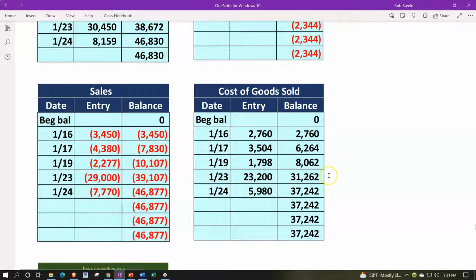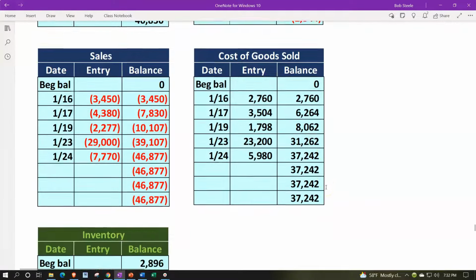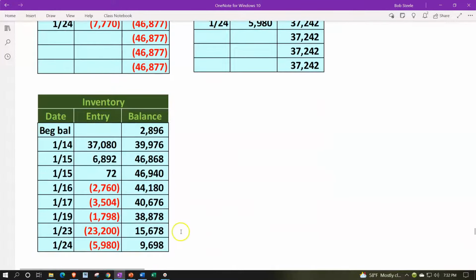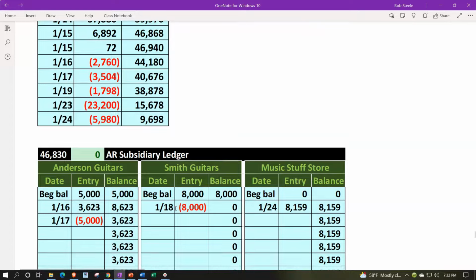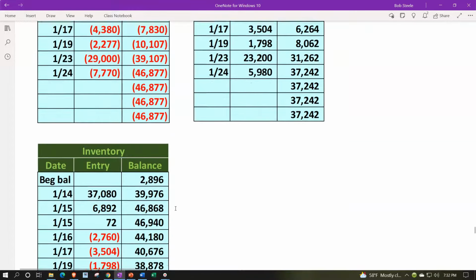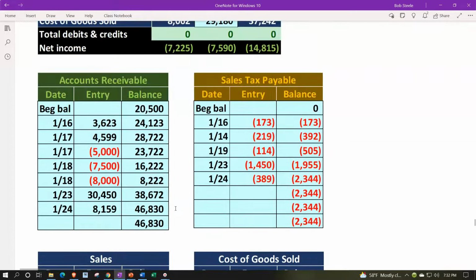Cost of goods sold was at $31,262, up by $5,980 to $37,242. Inventory was at $15,678, down by $5,980 to $9,698.